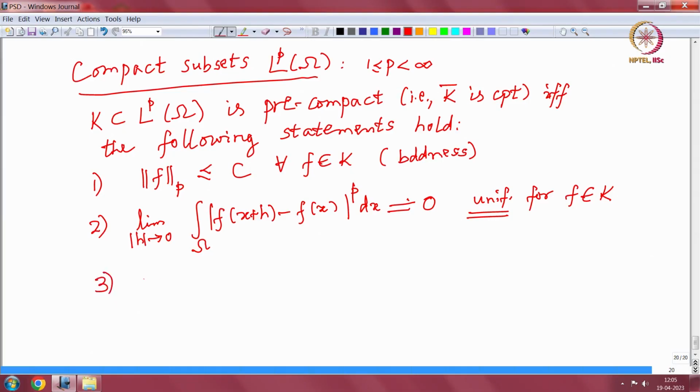And the third condition is only if omega is unbounded. If omega is bounded, this is vacuous, so we do not need this.